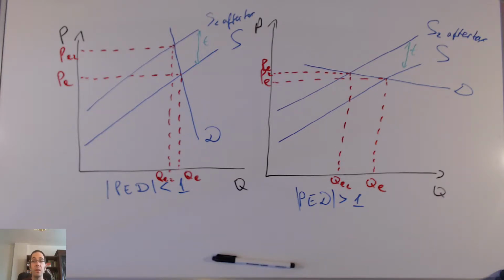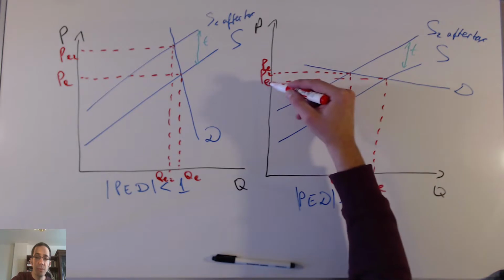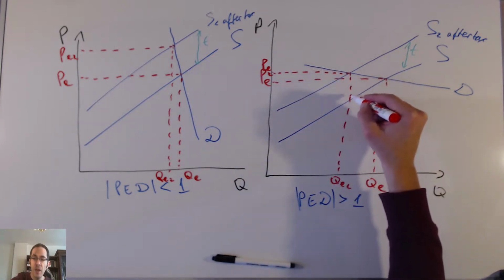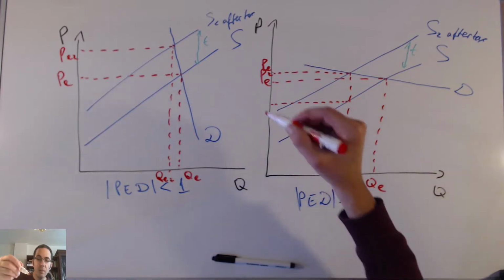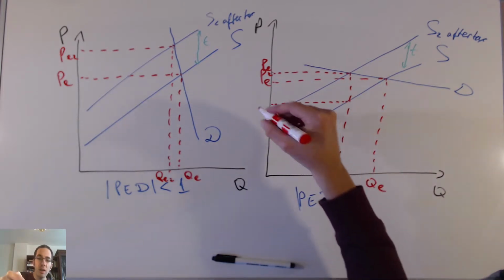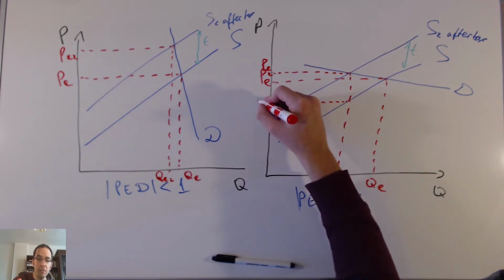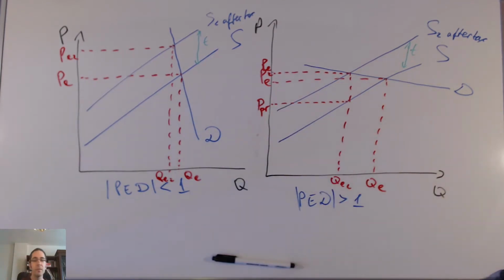Now, let's see what happens to the level of income that the producers will be receiving after the tax is deducted. So, in the case with elastic demand, the price increased from PE to PE2, and once we deduct the tax, the producers are going to get PPR, the price for the producer.